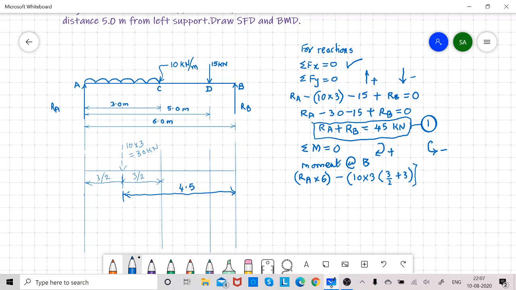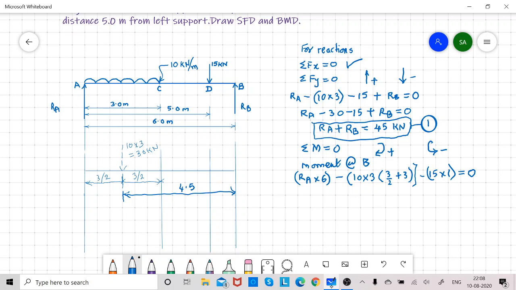Then moment of this 15 kilonewton load. So minus 15 into 1, it's the distance of D from B is 1 meter, plus RB into 0, no need to write, that must be equal to 0.